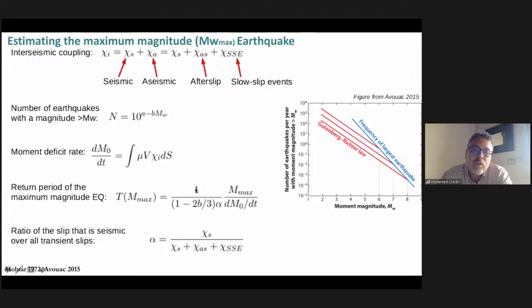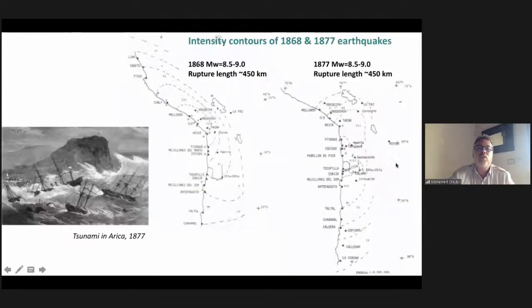So using these different terms, we can put some constraint on the classical Gutenberg-Richter relation.